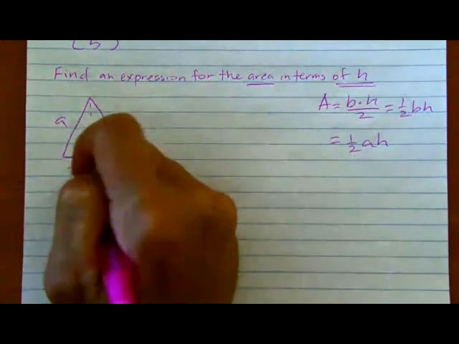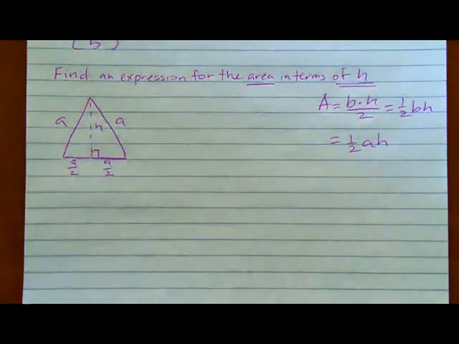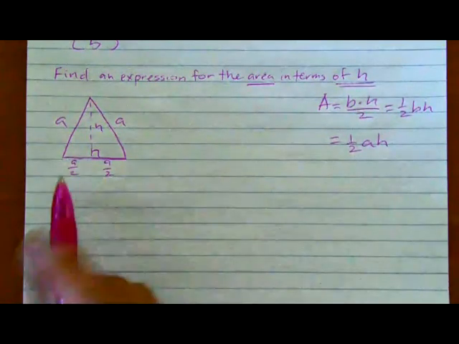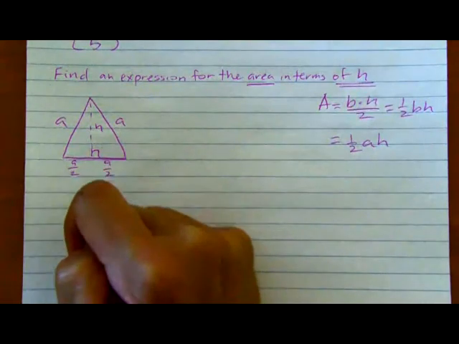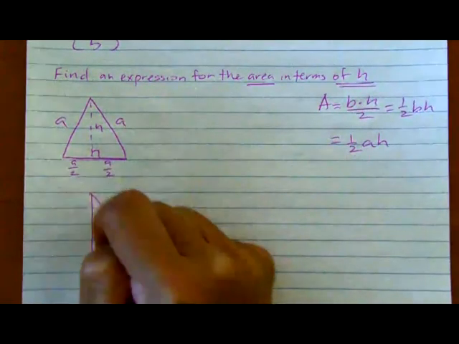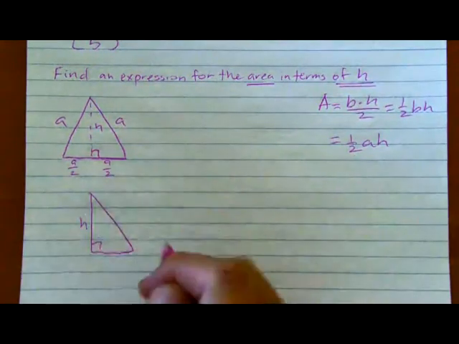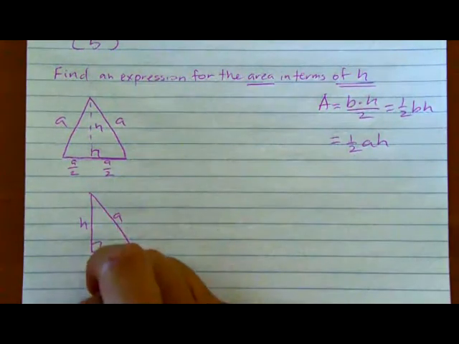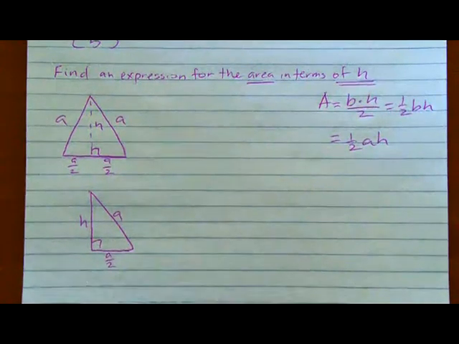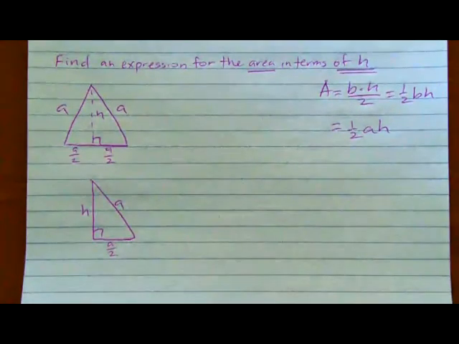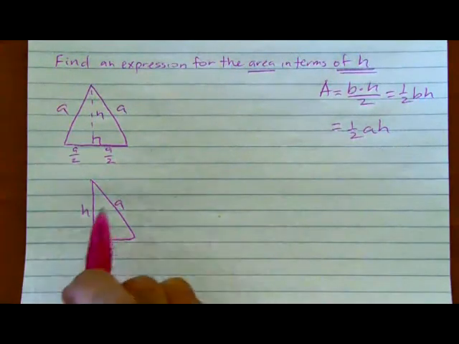Now, the Pythagorean theorem is necessary. Do you see the right triangle? Okay, so this side is H, this is A, this is A over 2. We need to set up the Pythagorean theorem with these variables.